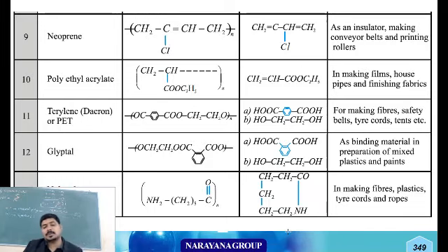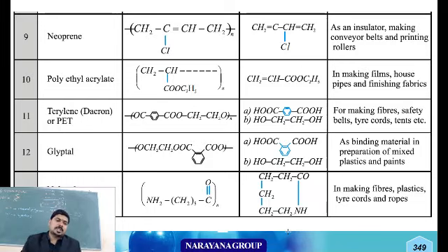And next what we have is polyamide. It's polyamide, nylon 6 or we can also call it Perlon L. It is formed from the monomer called caprolactam. What is caprolactam? The cyclic amides are called lactams. This lactam is formed from aminocaproic acid.